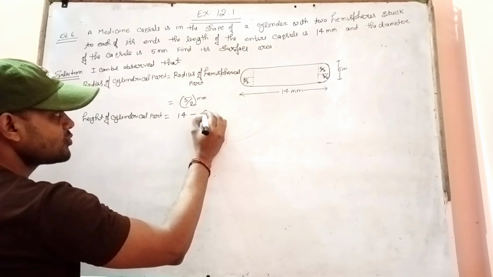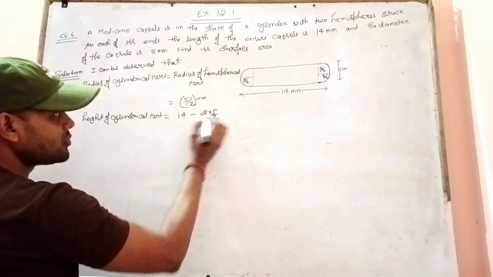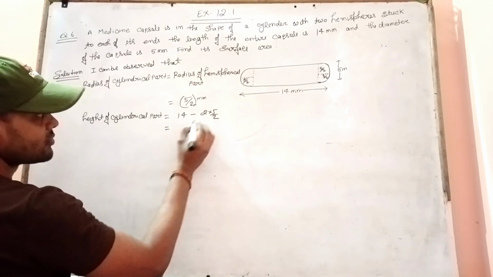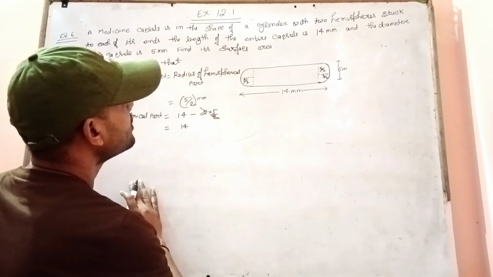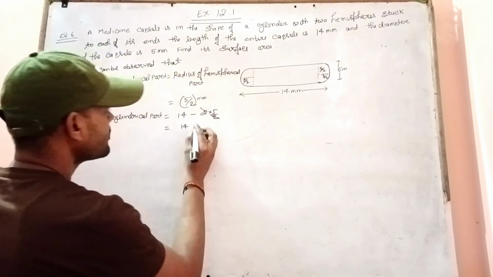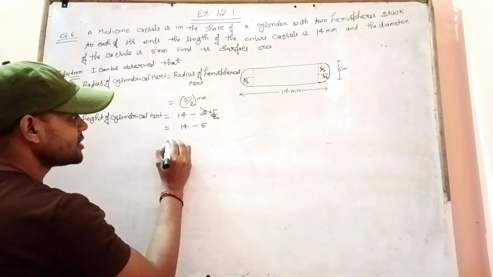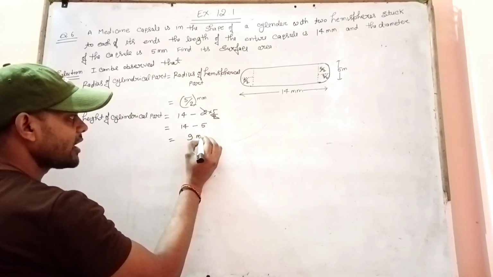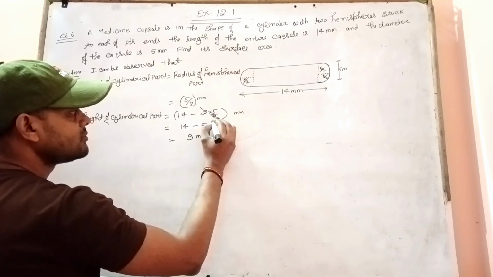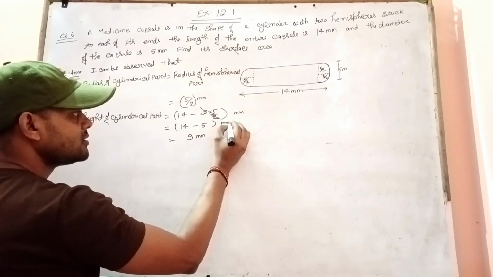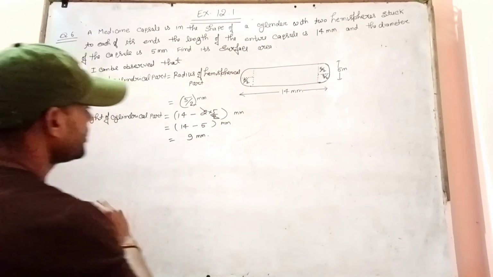So 14 minus 2 into 5/2 is 14 minus 5, which is equal to 9 mm.